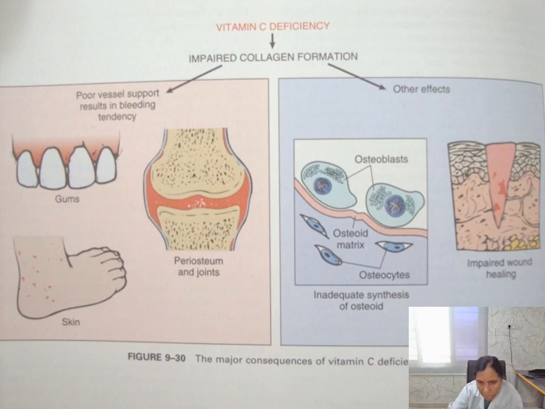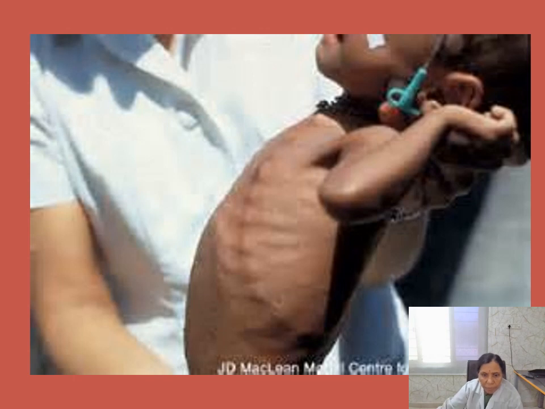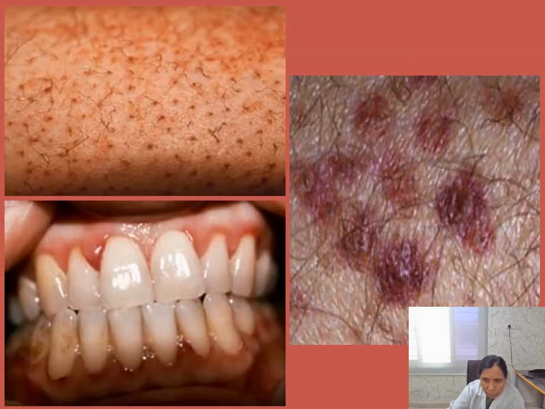These are the consequences of vitamin C deficiency. Scorbutic rosary, ribs, petechiae in the skin, and then gingiva, swollen gums, inflammation, loosened teeth.